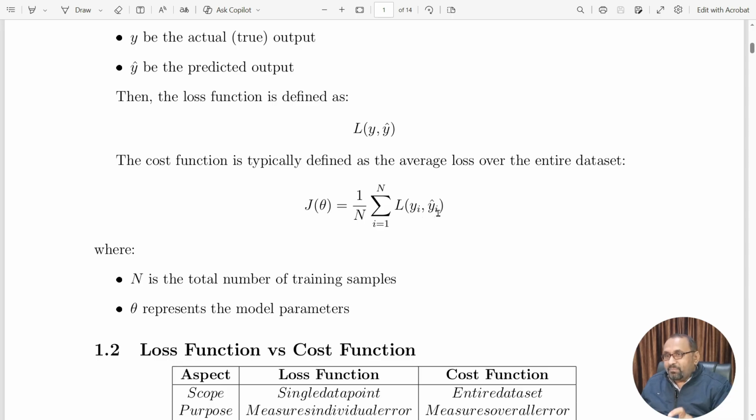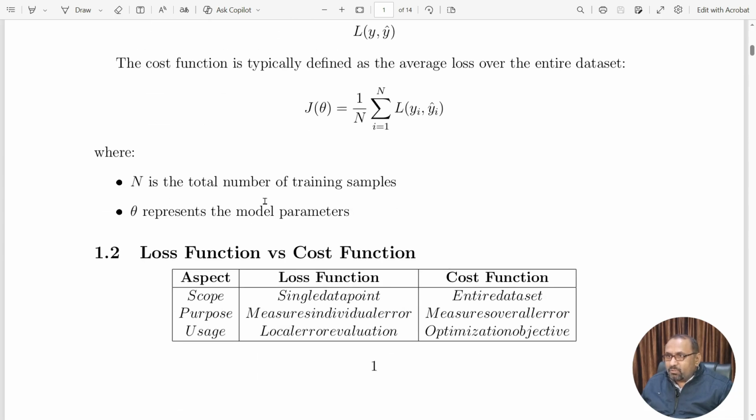The length of the data set is n, and there are two values, the actual and the predicted, so the average over all these values gives the cost function. Here n is the total number of training examples and theta represents the model parameters.